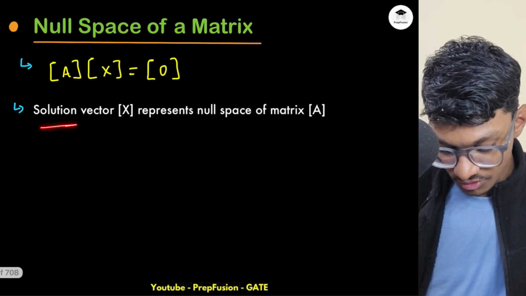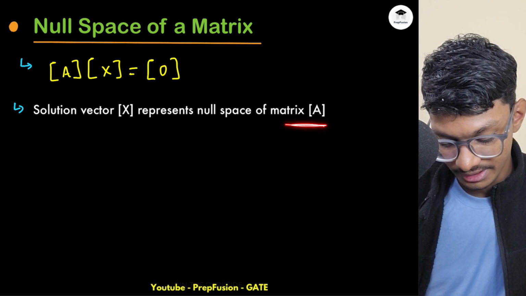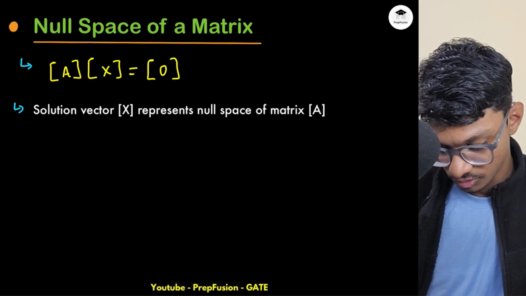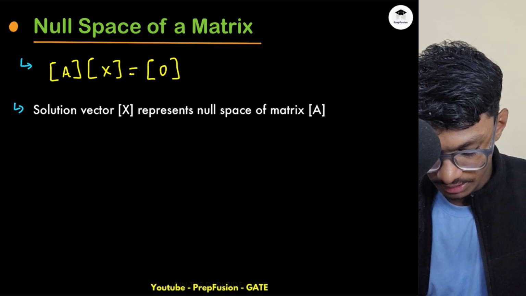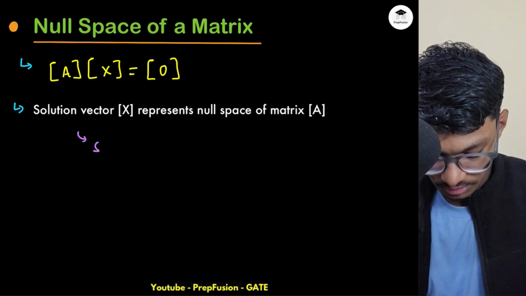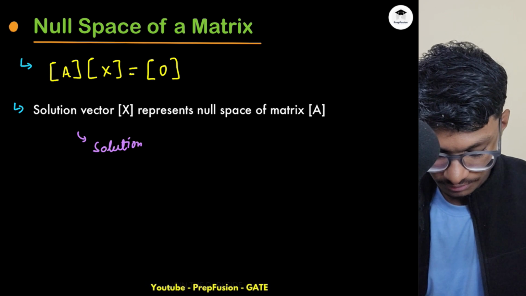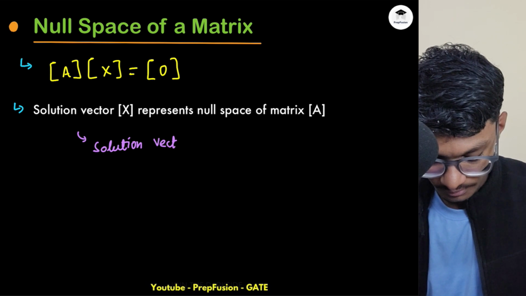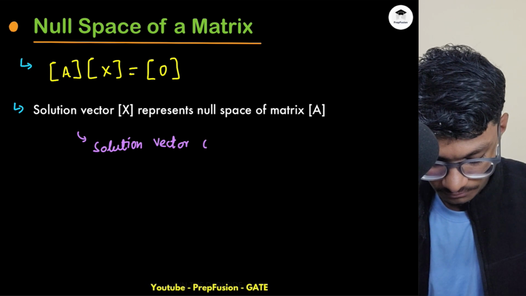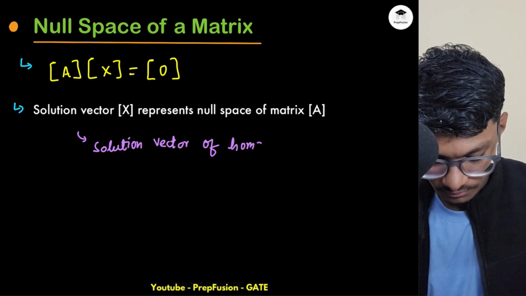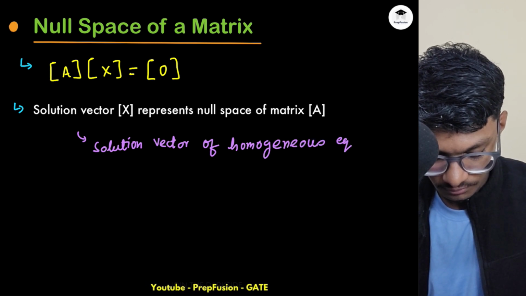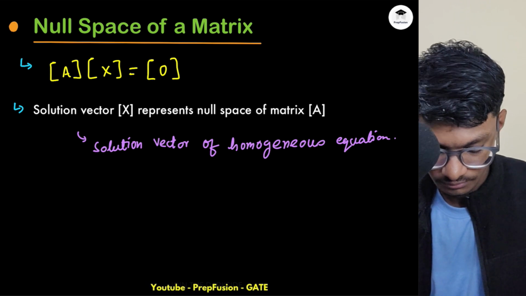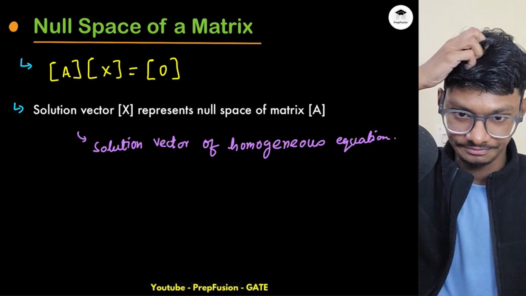Null space is basically the solution vector of matrix A, right? Of the homogeneous equation. So you can simply say the solution vector of the homogeneous equation, right?